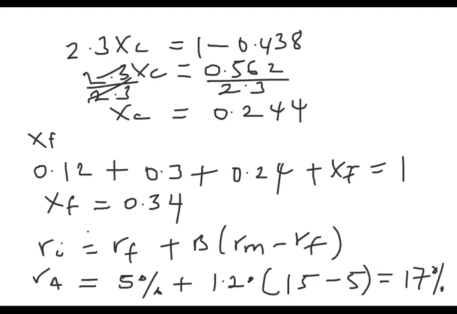So 17%. That means CAPM overvalued, because we were given 10.5 and CAPM is getting us 17%, so it has been overvalued. So in the case of A, we can say for A, CAPM overvalued.